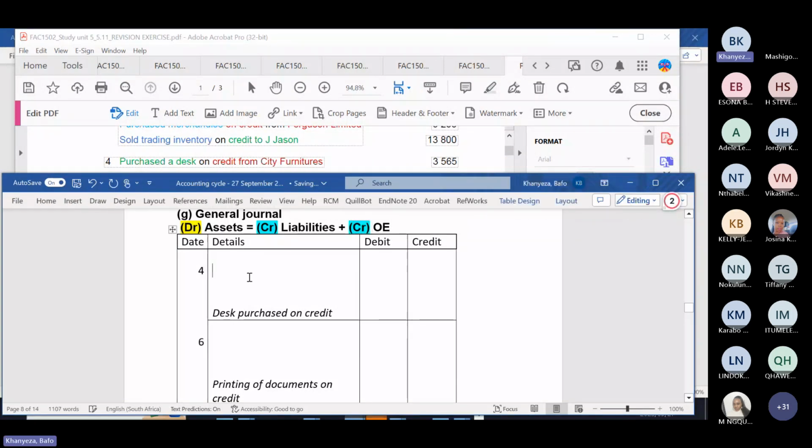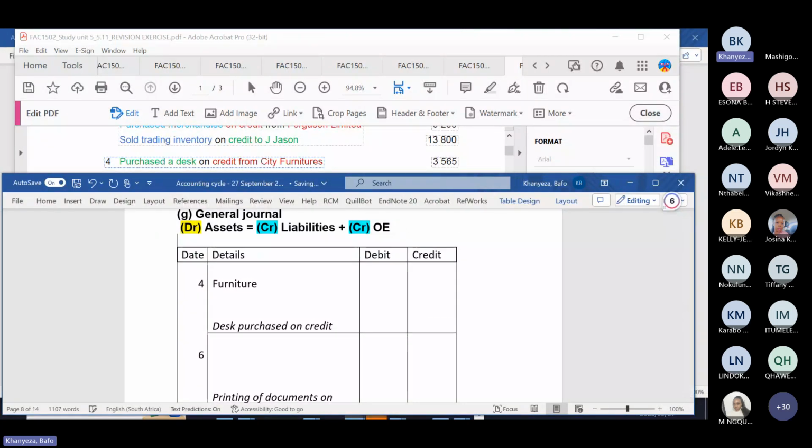So here is the transaction: purchased the desk on credit. What increased? It's an asset. There is now a desk in the business. So we're going to debit furniture.